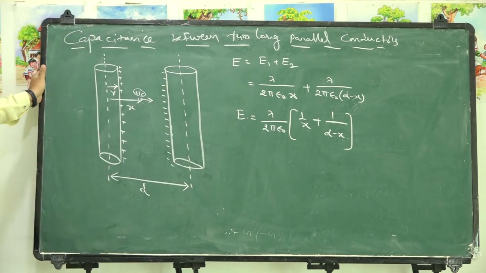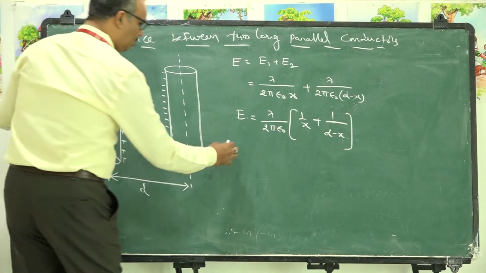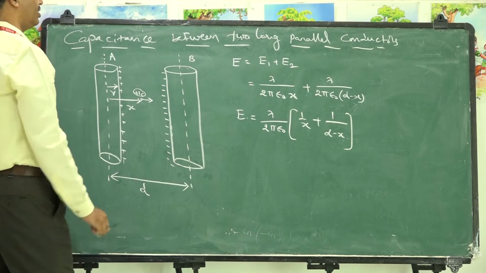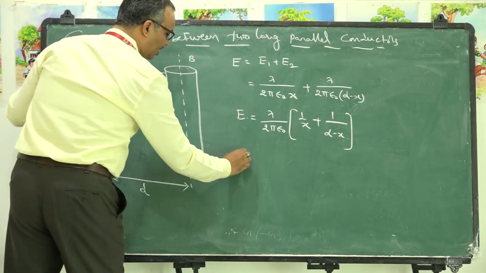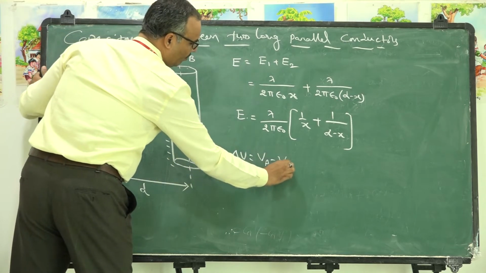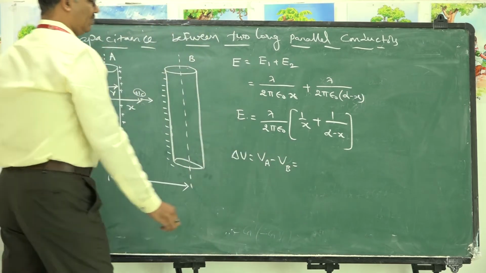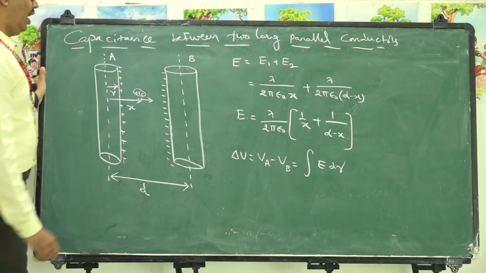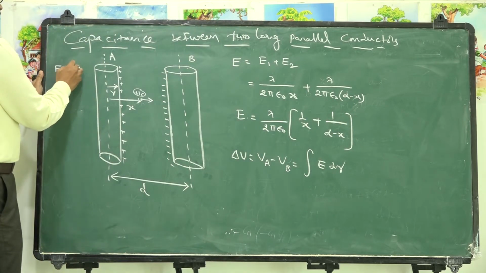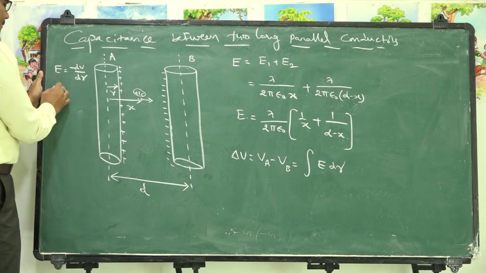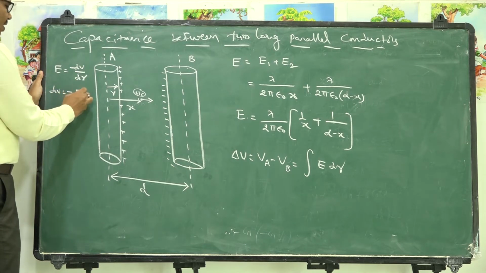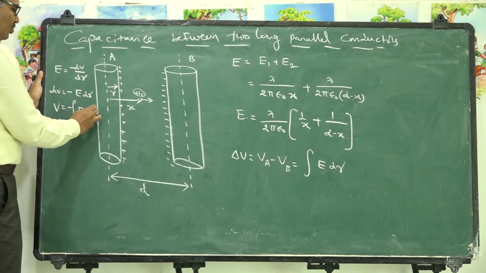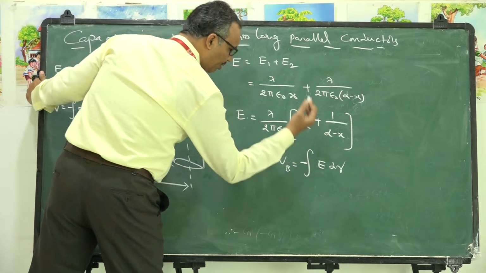We need electric potential. Let me take the name of the first conductor as A, name of the second conductor as B. The potential difference delta V, nothing but VA minus VB. It can be written as integral EdR. As you know that E is minus dV by dr, dV is equal to minus EdR. So whenever you want potential difference, minus integral EdR we should take. So minus also you need to keep.